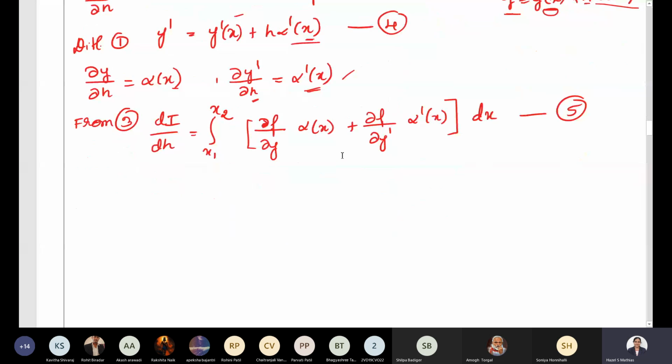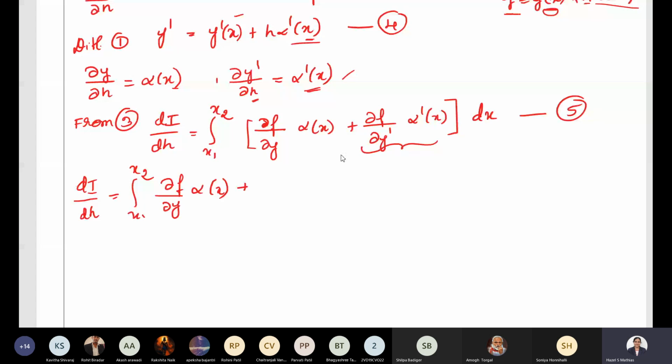Now we have to find the integral of this, so that we can use integration by parts. So what we shall do is, we keep the first term as it is, the integral from x1 to x2 of ∂f/∂y into alpha of x. Then we shall apply integration by parts to the second part.